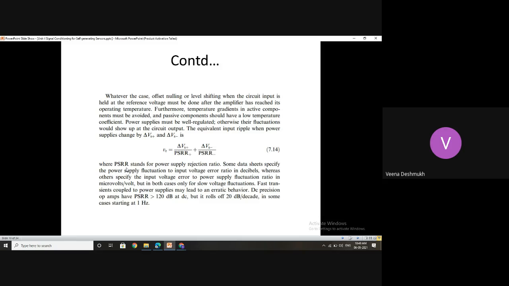These varied offsets in turn change the sensor values because the offsets at the input terminals are changing with the variation in the power supply. So this variation in the power supply, which changes the offset voltage, in turn gets added to the sensor reading. So this power supply rejection ratio also has to be kept in check.